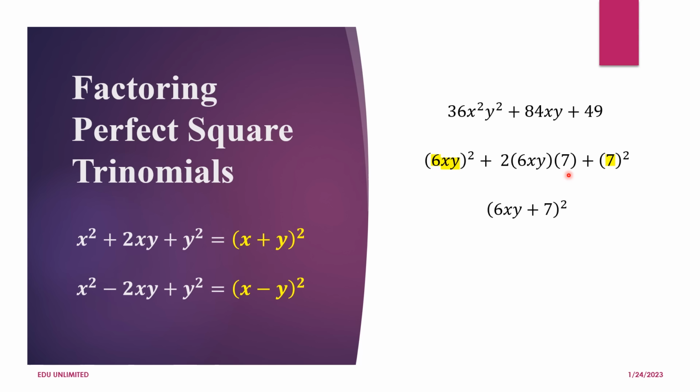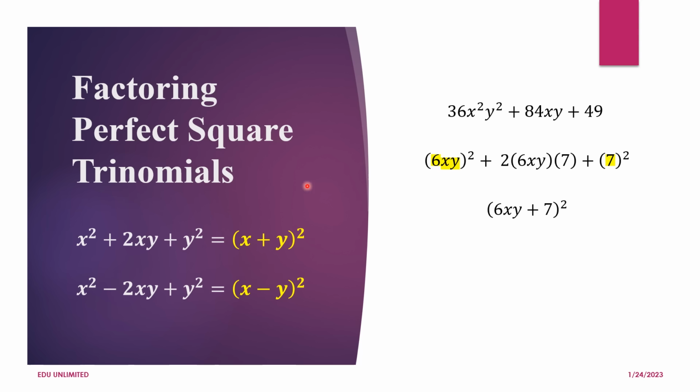So to factorize this completely using this first format here in purple, we would now have open bracket 6xy plus 7 close bracket all squared. Quite simple again once we apply, employ, or utilize the formats.